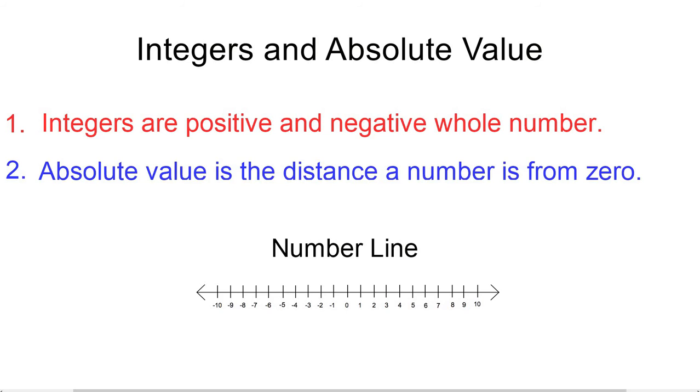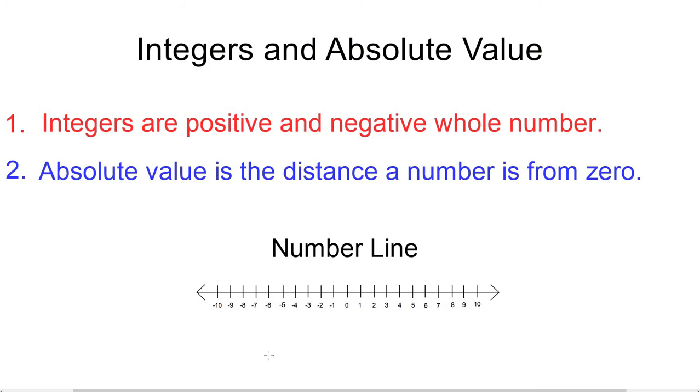So these numbers go on to infinity in a negative direction, just like the numbers go on to infinity in a positive direction. On this number line, we only have numbers that go from -10 to +10. We put those arrows to show that the number line doesn't just stop there. It continues on to infinity. And those positive and negative numbers are called integers.